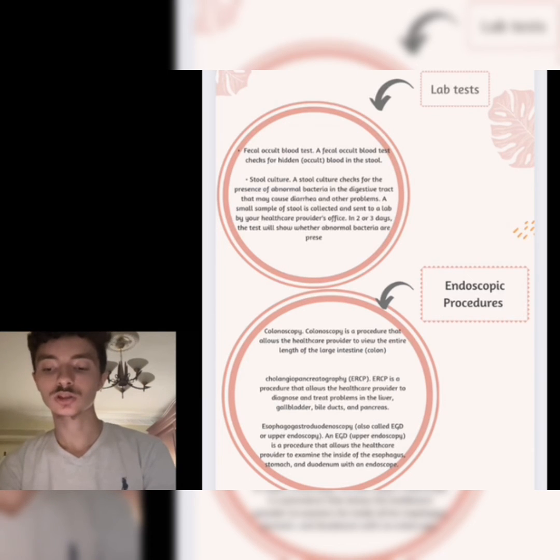A stool culture checks for the presence of abnormal bacteria in the digestive tract that may cause diarrhea and other problems. A small sample of stool is collected and sent to a lab by your healthcare provider's office. In 2 or 3 days, the test will show whether abnormal bacteria are present.